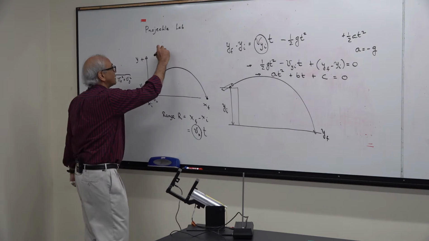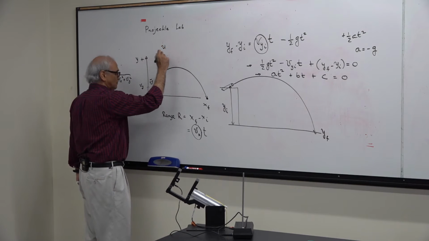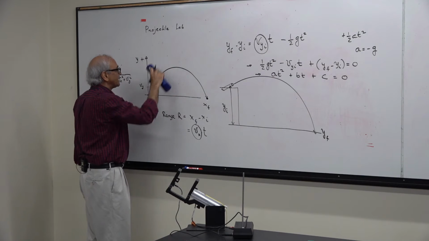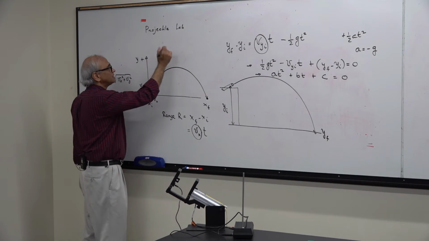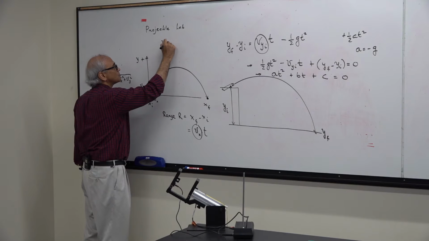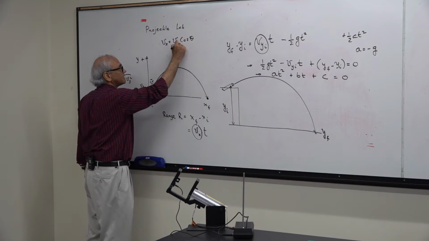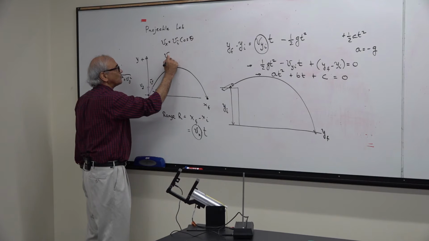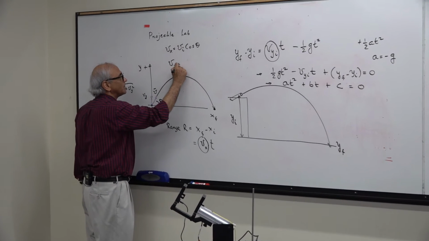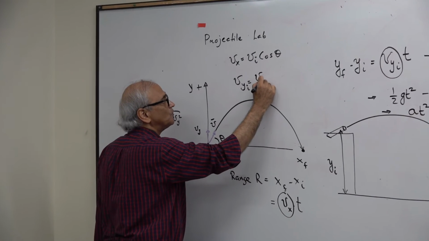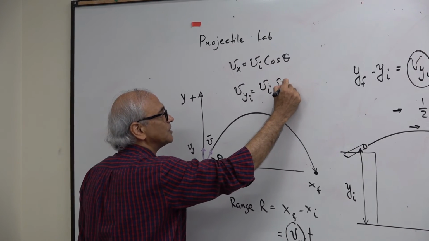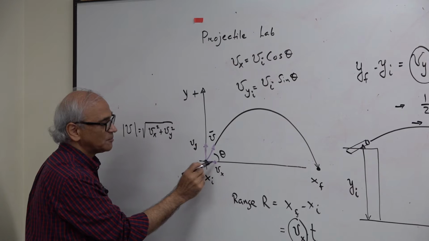One more thing I should write down is that if I can determine the velocity, then the Vx component would be V cosine theta initial, and Vy initial would be V initial sine of theta. So basically those are the projections.